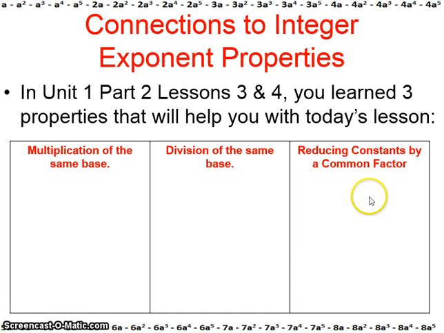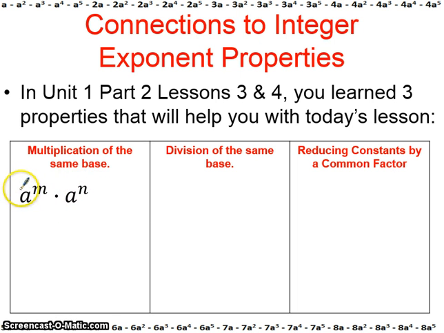Now, before we get into our new properties, I need you to remember and recall three of the properties we learned back in Unit 1, Part 2, Lessons 3 and 4, because they will help you with today's lesson. The first is what we do when we have multiplication of the same base. So for instance, if we have a to the m times a to the n, what do we do to simplify this expression?